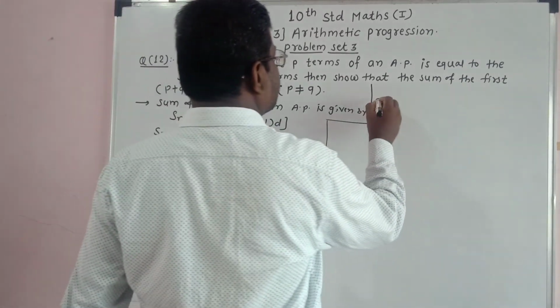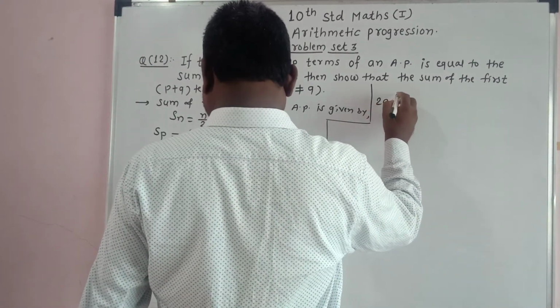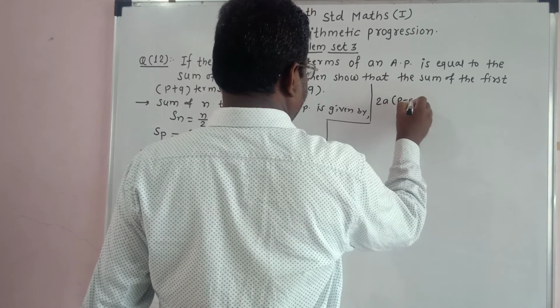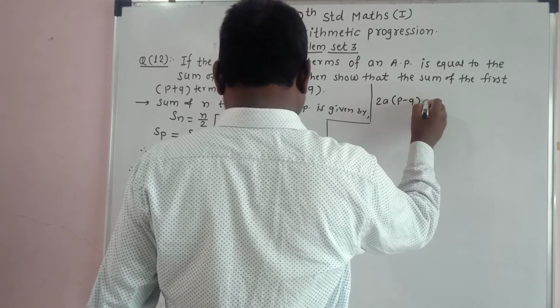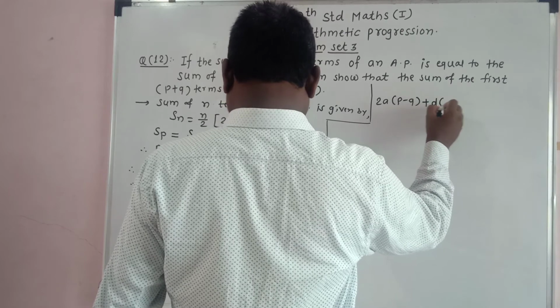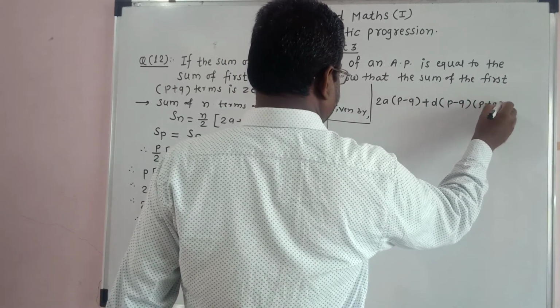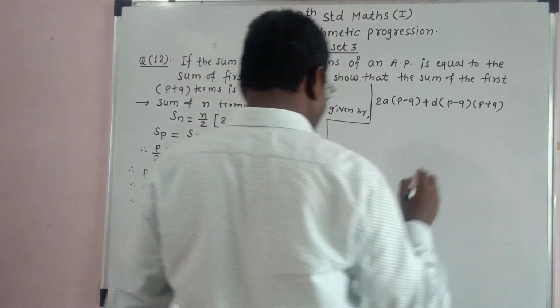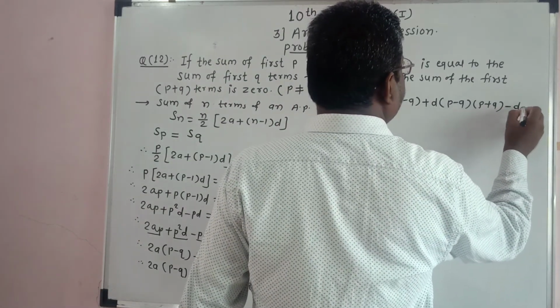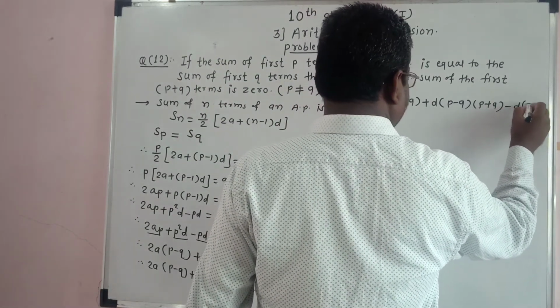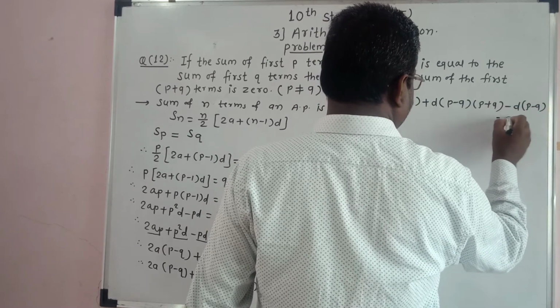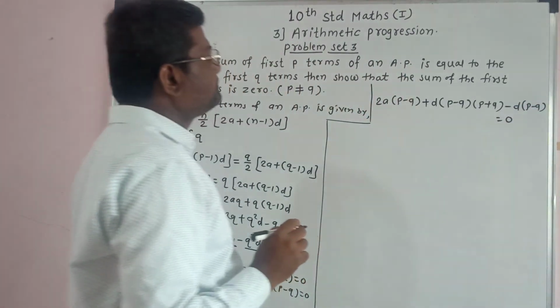Now our equation is 2a in bracket p minus q plus d into p minus q into p plus q minus d into p minus q is equal to 0.